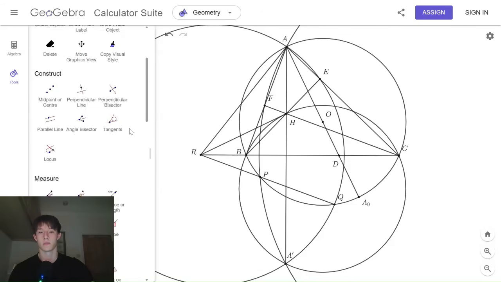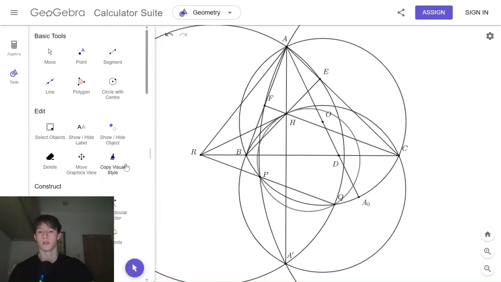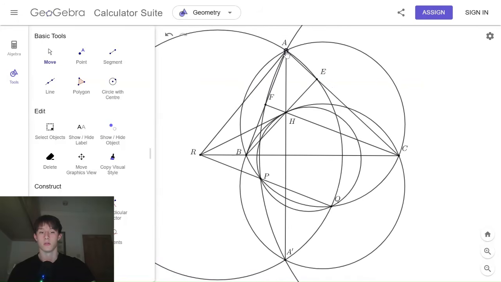That's slightly better because I know that's equivalent to showing that HPQ is tangent to the same thing. That's just using logic. Maybe we don't need these at all, so I'll delete them for now. As we see, we just need to show this thing over here.